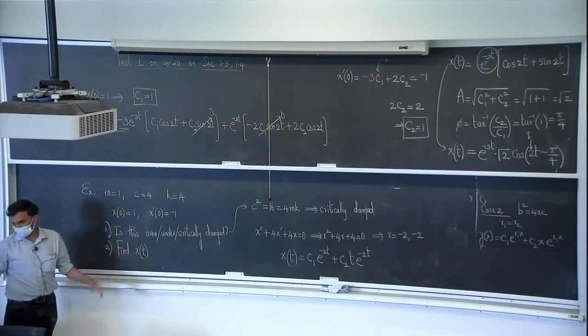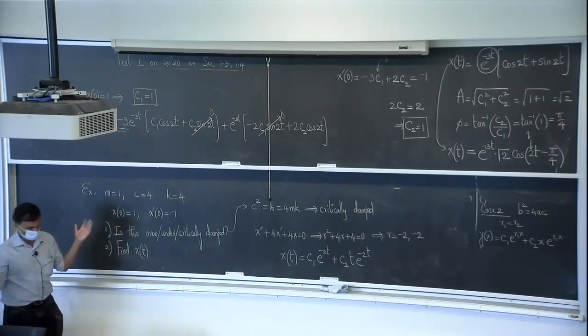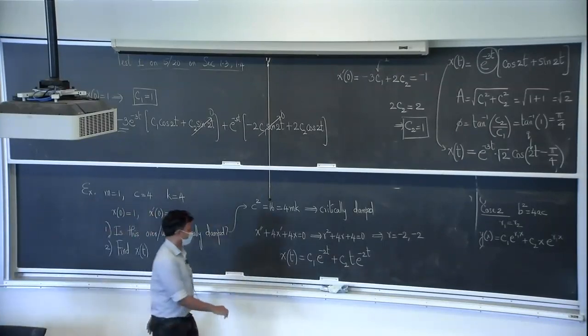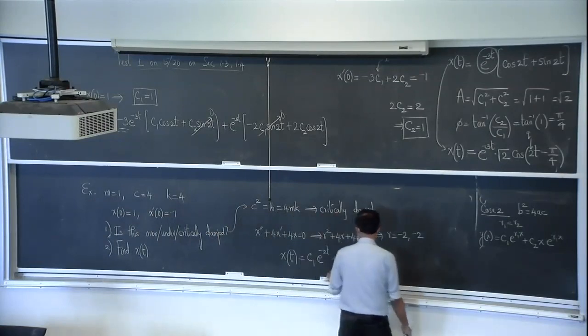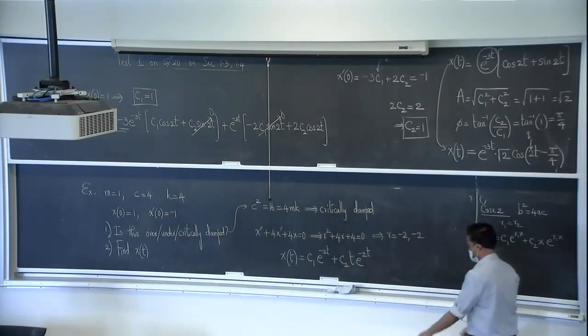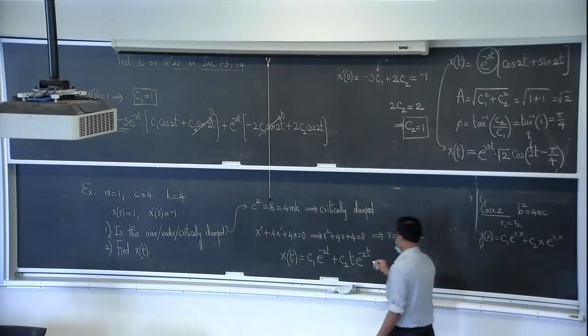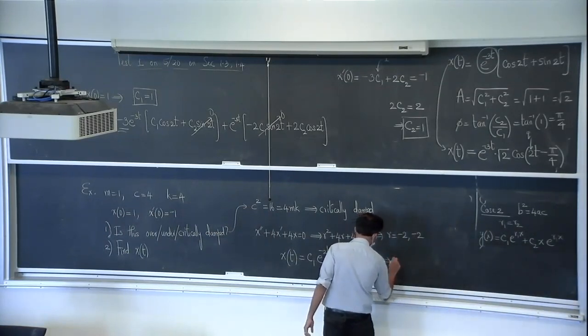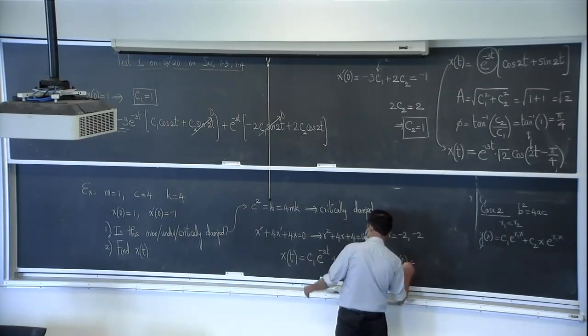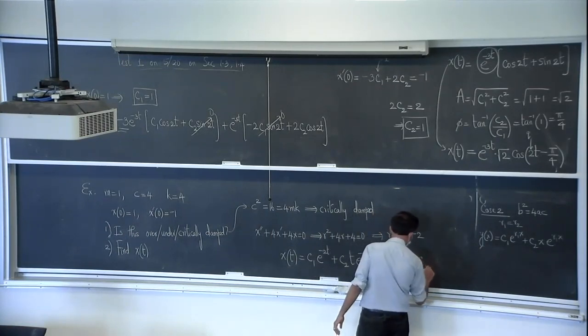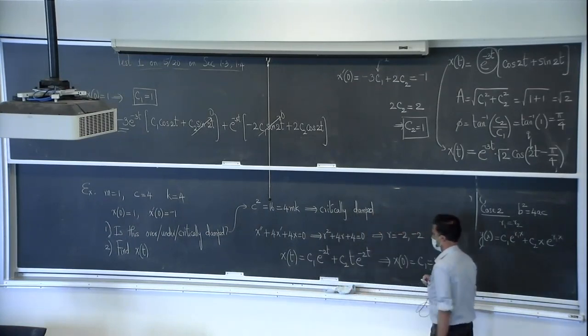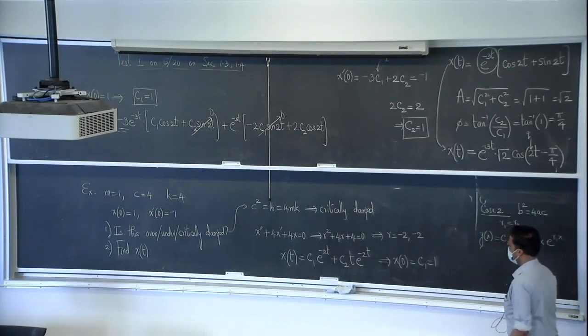But I've stopped taking points off for that. I've seen it so many times now that I've gotten used to it. But try to be consistent with your notations. So x of 0 equal to 1. So that will be C1. Since it's critically damped, there is no amplitude phase form.